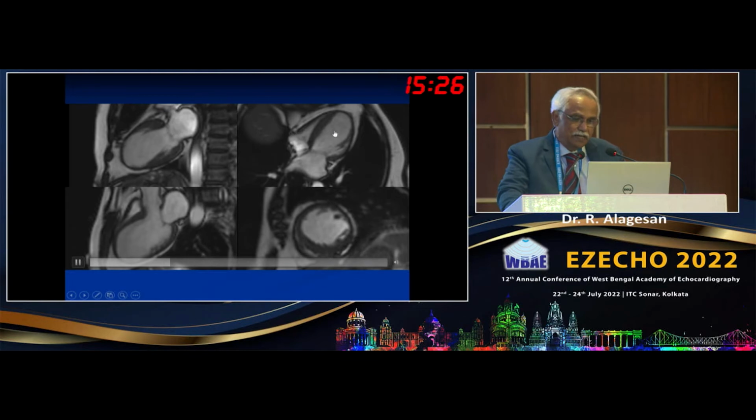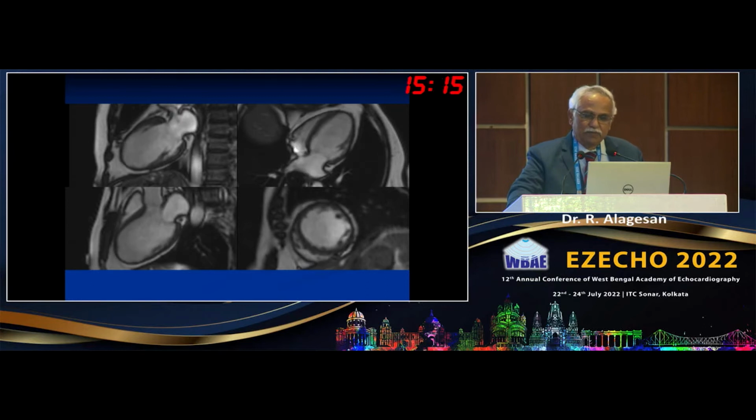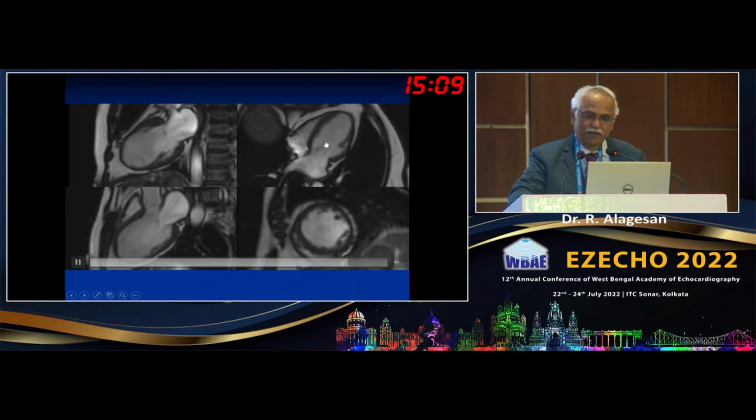But one of the drawbacks of the MRI, which they don't talk about much, is that it uses the same Simpson formula for measuring the left ventricular volume, which assumes that the left ventricle has a certain definite shape, or is made up of certain discs with a definite diameter.